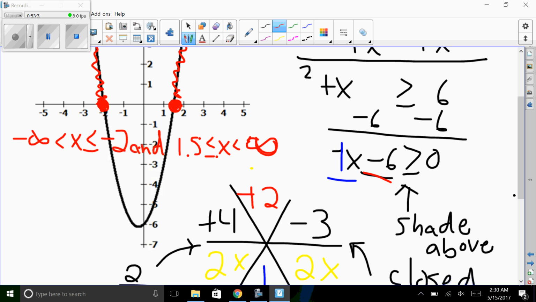Alright, again, if they got solid circles, you use equal to signs with numbers. Infinities never have equal to signs. Alright, how do I write that in interval notation? Well, it's just a less than, you have a parentheses, equal to symbols have brackets. And use this union symbol.